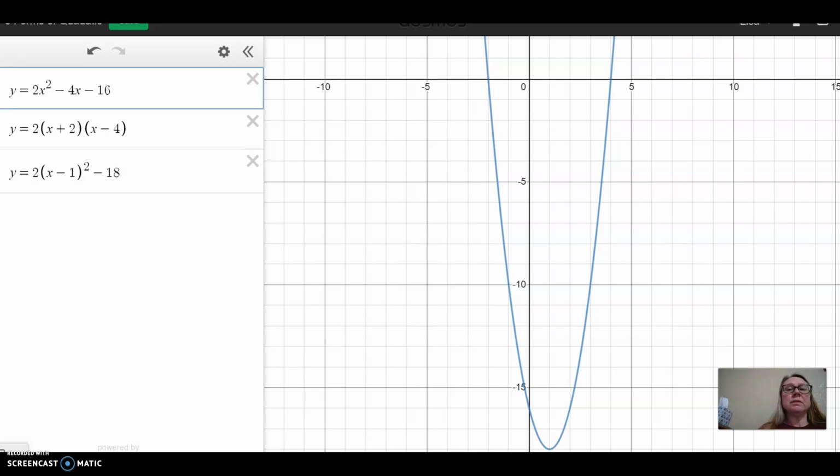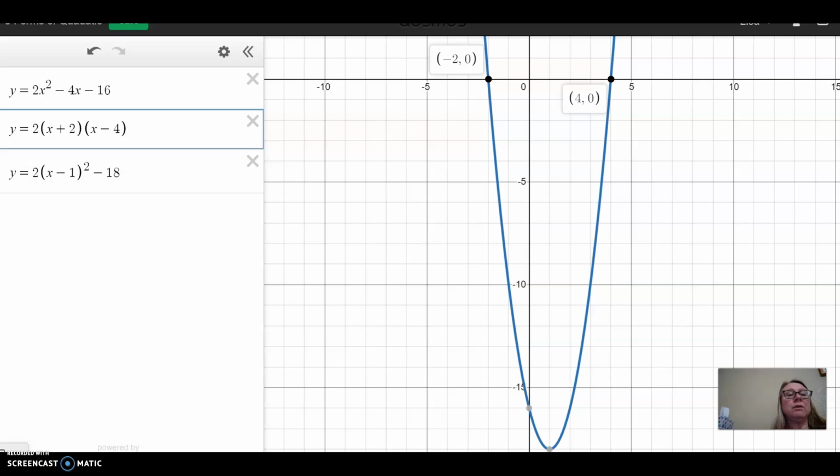So now let's compare. I mentioned that this format, the factored form, will give us our x-intercepts. So our x-intercepts can be found here at 4, 0, which we can see from this factor, and at negative 2, 0, which we can see from this factor. Very cool.